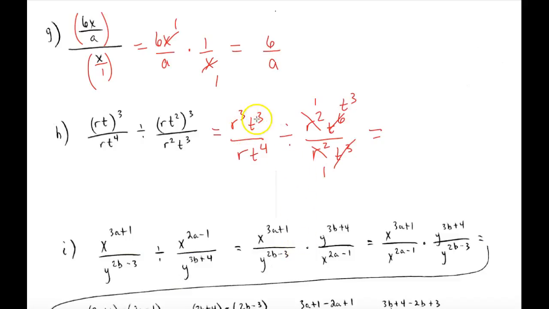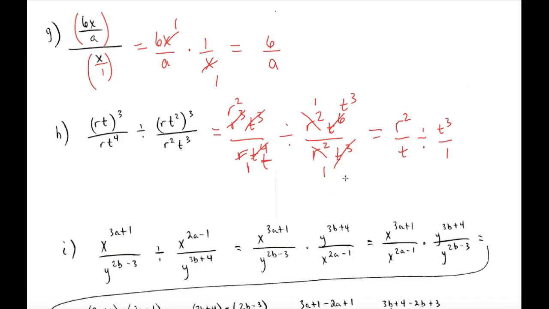Over here, we have T cubed divided by T to the 4th, and that will reduce to just T. And R cubed divided by R will just reduce to R squared. Okay? So when we do all that, what we end up with here is R squared divided by T, divided by, and now we have T cubed divided by 1.